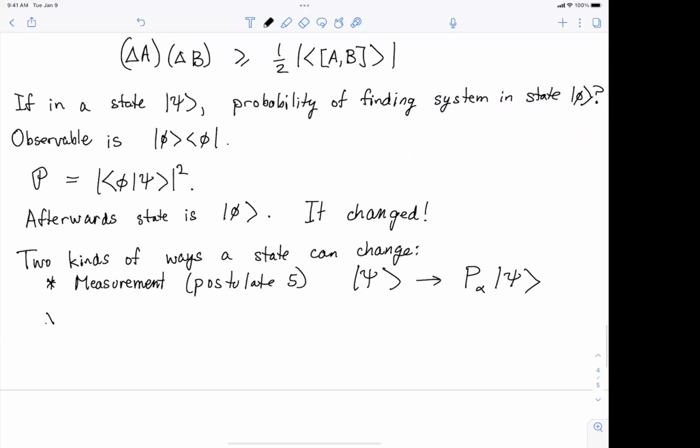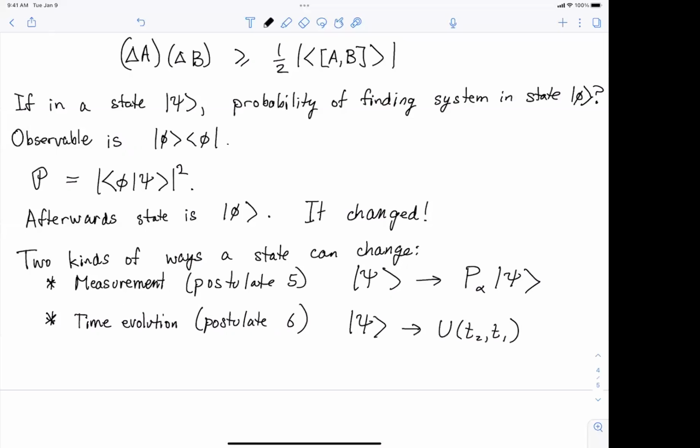The other way is postulate 6, which is time evolution without a measurement. And there, psi changes into a unitary operator U(t2, t1), so that depends on the starting and ending times, acting on psi.